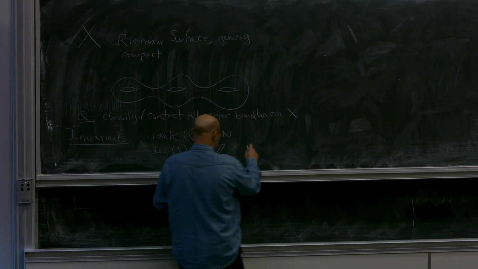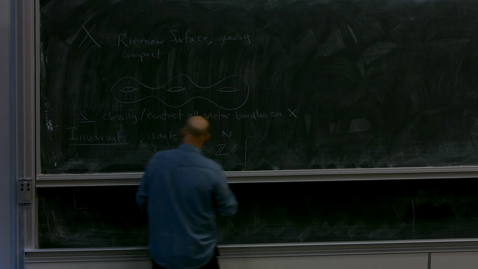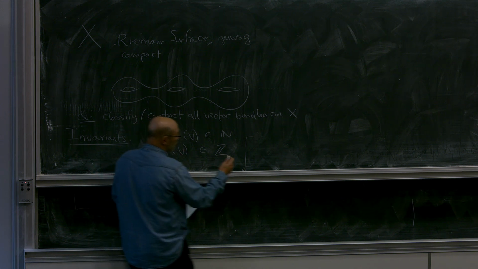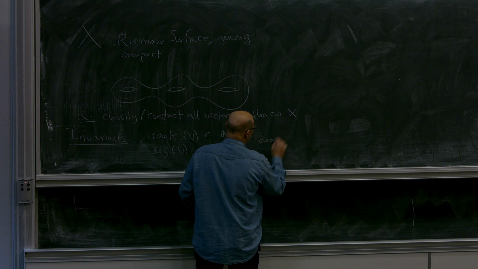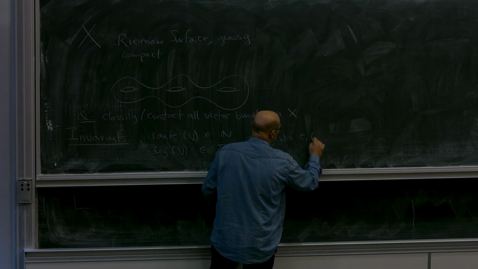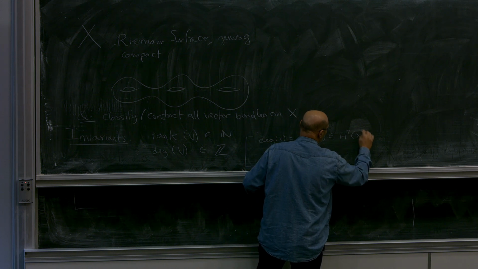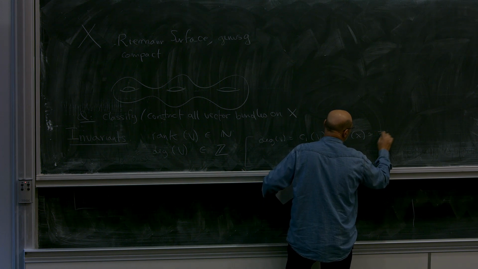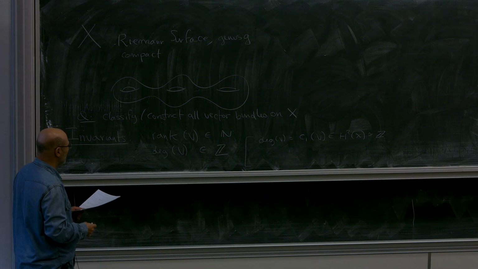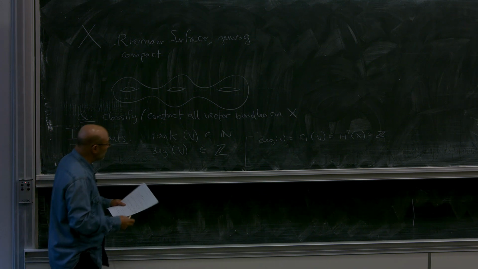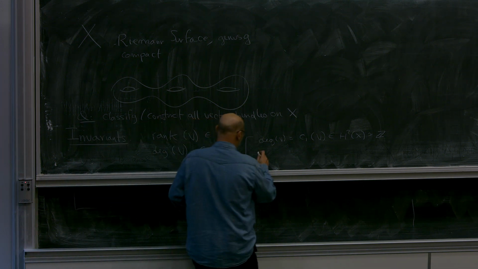Just very quickly, there are two ways to define the degree. One of them, if you know about Chern classes: the degree of V is the first Chern class of V. This belongs to H2 of the curve, which is isomorphic to Z. Another way of defining the degree is you take a rational section.